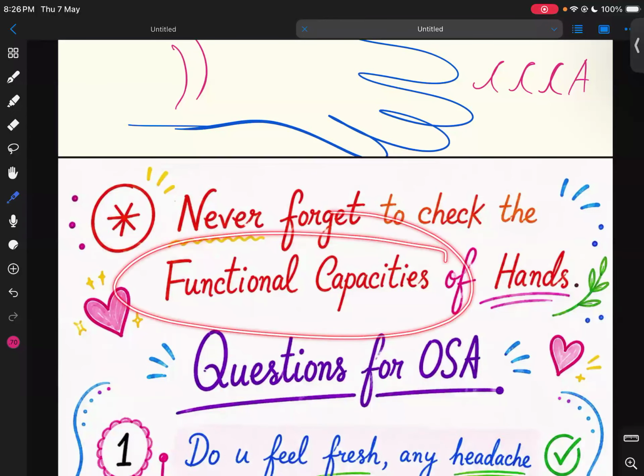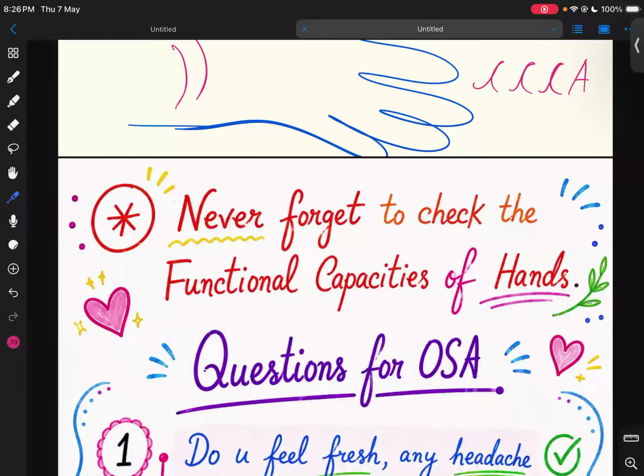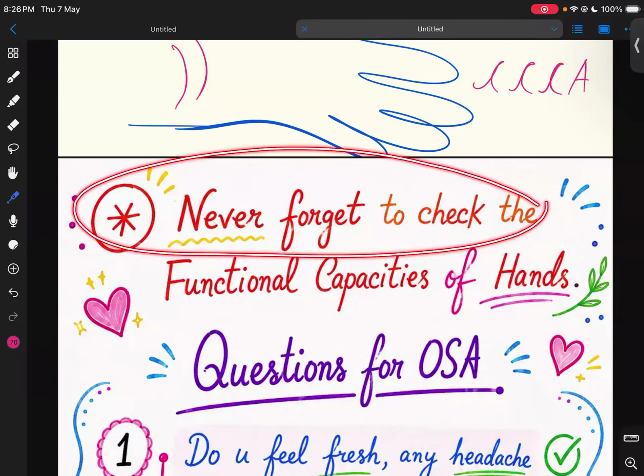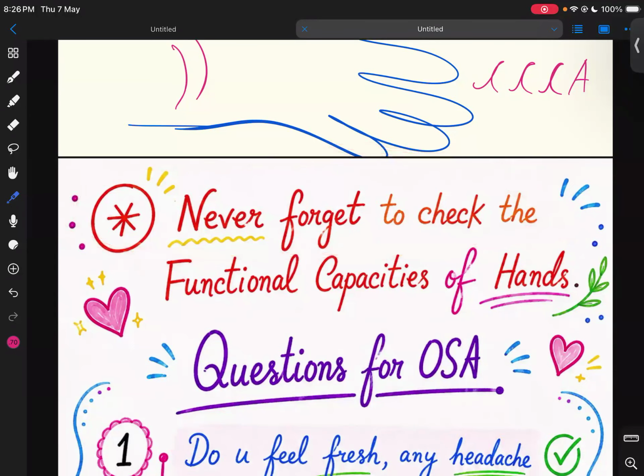And the way to check the functional capacities is you can do one or two, like, can you make a fist and open your fist for me? Or you can just tell the candidate, can you button or unbutton your shirt for me? Anyone will do. Got my point? Any type of pain, like if the patient is complaining of hand pain, you have to check the functional capacities of the hand.